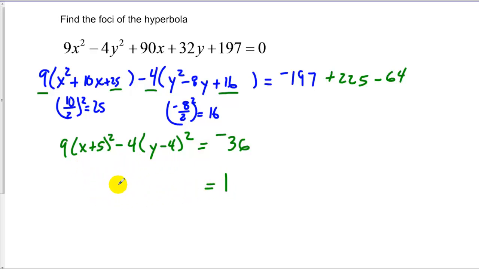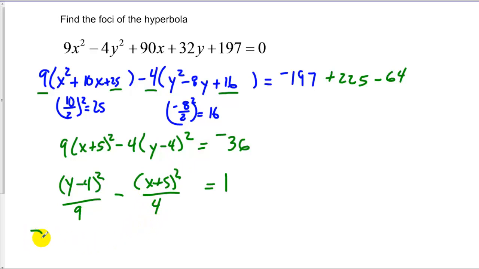Dividing by negative 36 is going to change the sign, so I will take and divide negative 4 by negative 36, giving me a y minus 4 squared term that's positive over 9. When I divide this 9 by negative 36, I now get a negative term. That's x plus 5 quantity squared over 4.